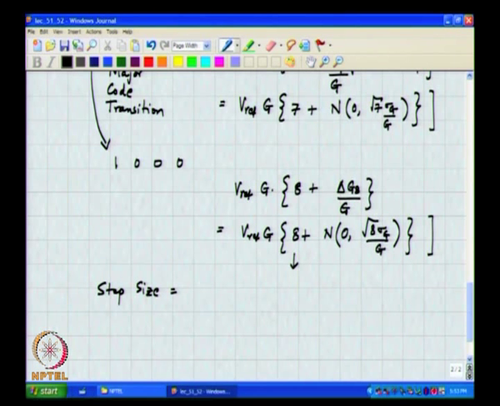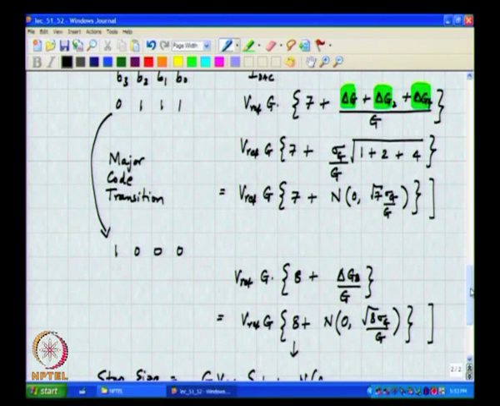So, the step size will therefore be a random variable with g times Vref times 1 will be the mean plus 0 times square root of 15. And why is it square root of 15? Wait, yeah, we are subtracting two random variables, that is correct.